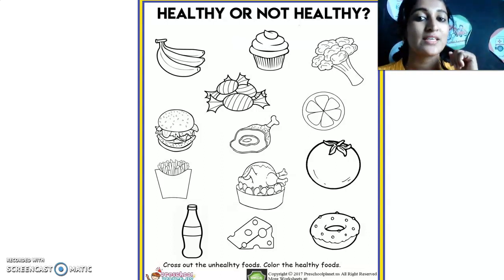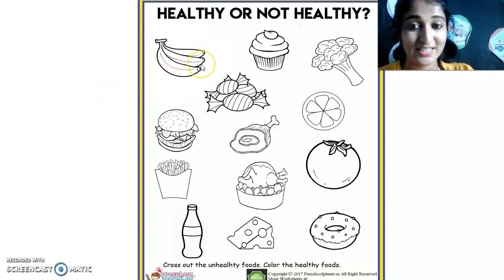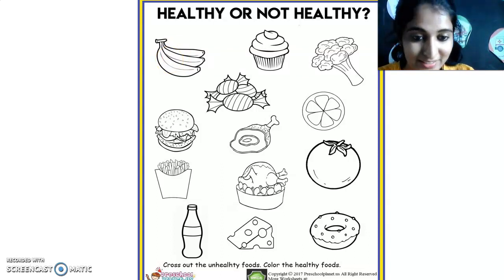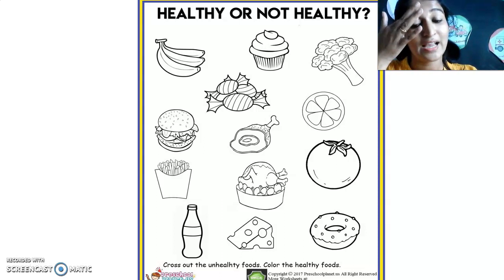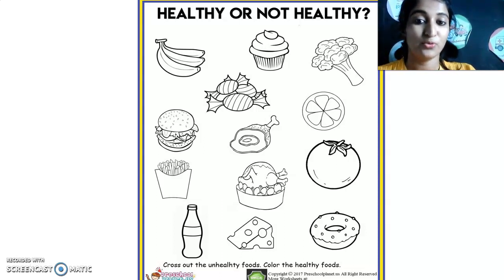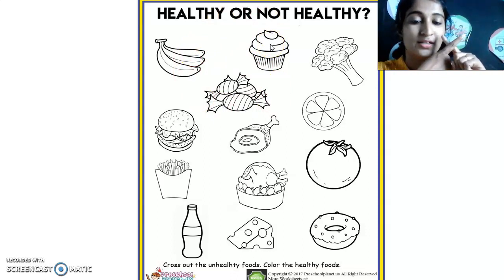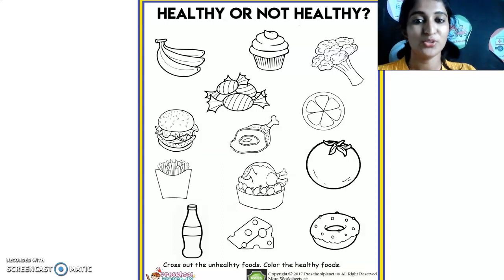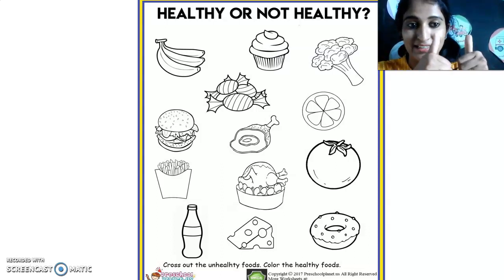If it is healthy, you have to color it. This banana is healthy food. You have to draw a banana in your notebook and color it. You have to cross the food which is not healthy and color the food which is healthy.